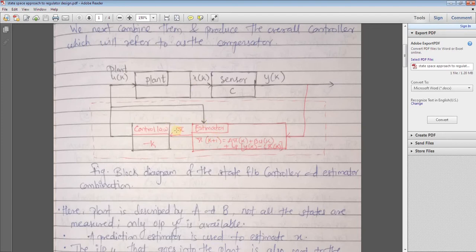So in this figure of the block diagram, we can see the blocks that implement the controller and the estimator are inside the dashed line, as I already said. So we will refer to this combined block as a compensator. The plant output y is an input to the compensator, which produces the control effort u.